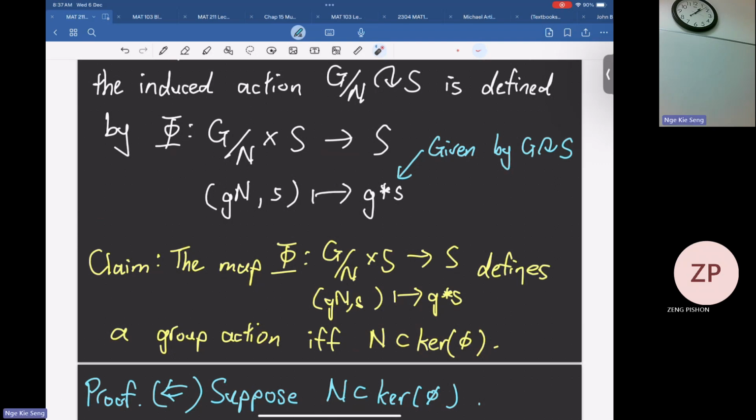So how do you classify all these actions? I suggest one way to see it is to determine what the kernel of phi is. What kind of kernel of phi can it take? Remember, every kernel is a normal subgroup. So how many subgroups are there in S3? 6.